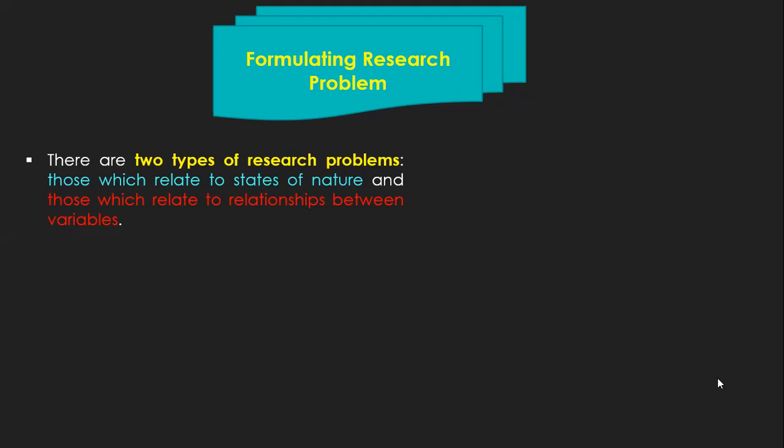So the problem may be the relationship between the quality of the banana and the ripeness of the banana. Different variables like its ripeness, its quality, the properties of banana will be affected if you have an improper peeling process.